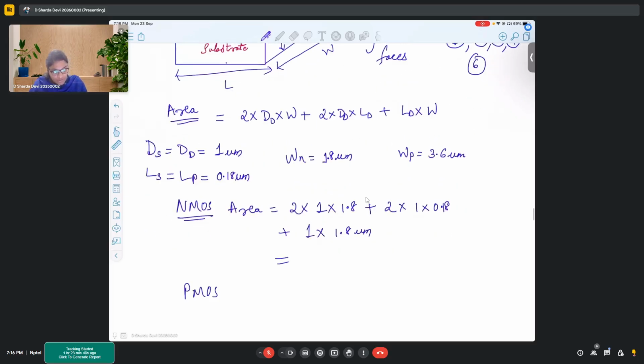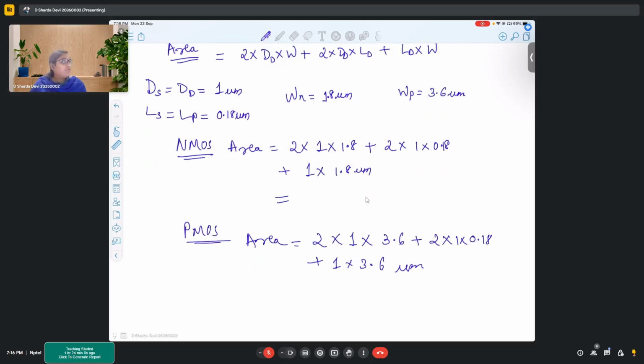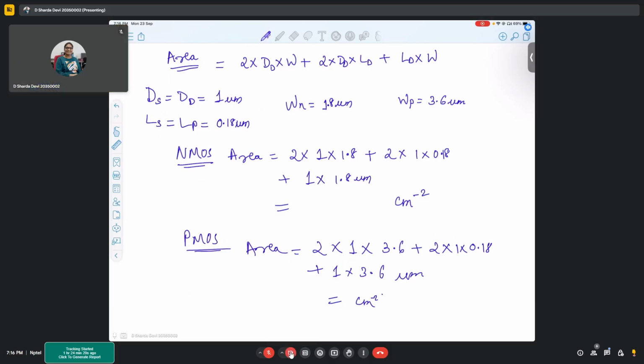Similarly, for PMOS, the area would be twice into 1 into 3.6 plus 2 into 1 into 0.18 plus 1 into 3.6 micrometers. So all of you, please calculate these areas, but make sure you find the areas in per centimeter square. Okay? I'd be back in a minute. Please find these areas.